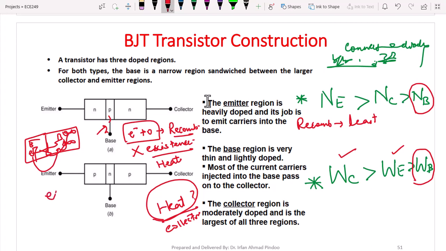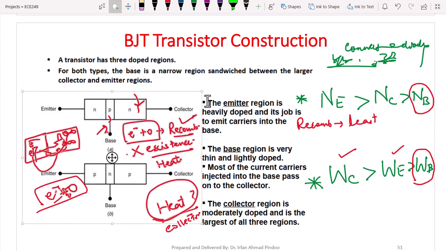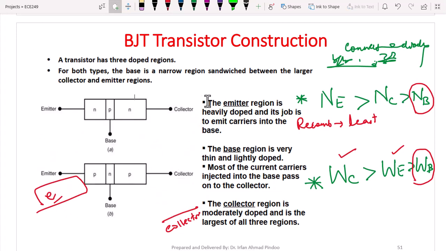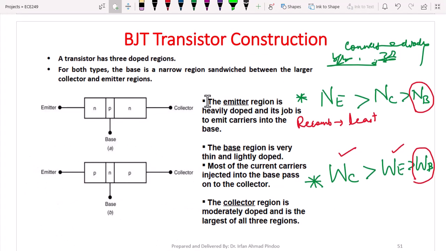So electron will at some time combine with the hole. So again it will result in recombination, and that will again result in the loss of electron. So fewer electrons will reach the collector, and fewer electrons at the collector means what? It means that we are having a smaller amount of current also, which is not good. So that is the reason why these two things are important.